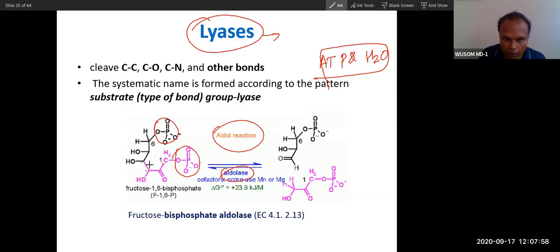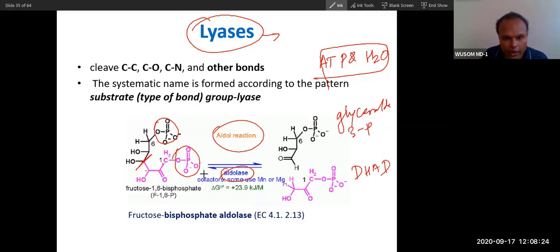So this will be broken down into 2 groups here. It will form a 3 carbon group and another 3 carbon group. So this is dihydroxyacetone phosphate. We will talk about this in detail during glycolysis. Don't worry about this. And this is glyceraldehyde 3-phosphate.